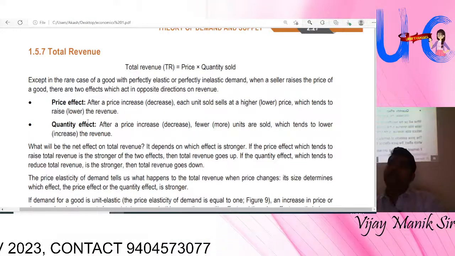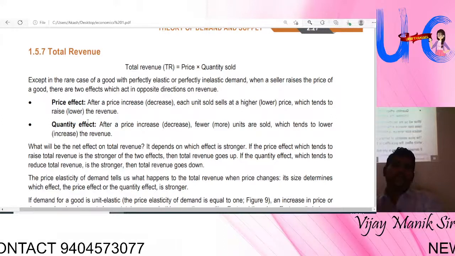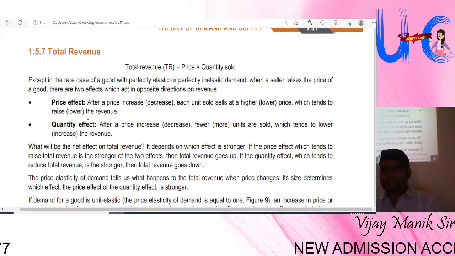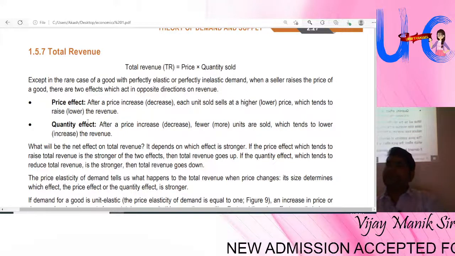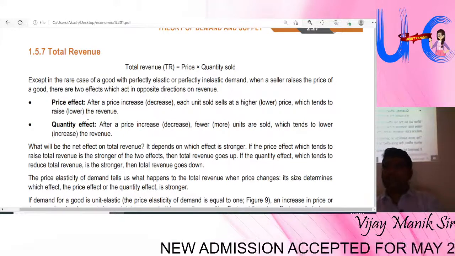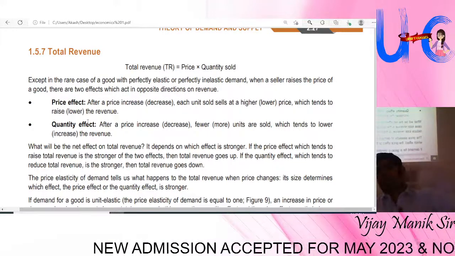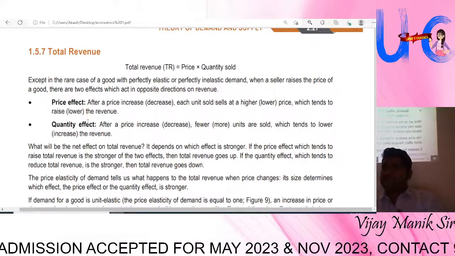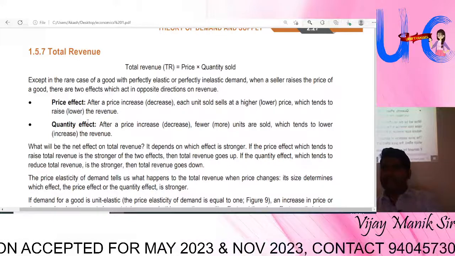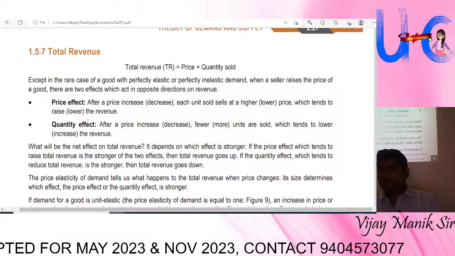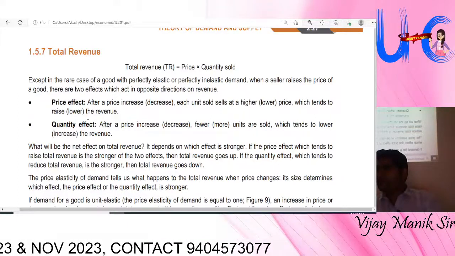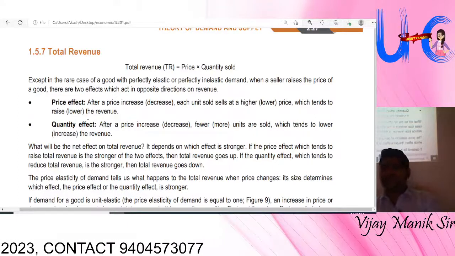For example, although the price has been decreased, the quantity of that particular commodity has been sold more than the former. For example, last time the quantity was 10,000, now the quantity sold is 50,000.